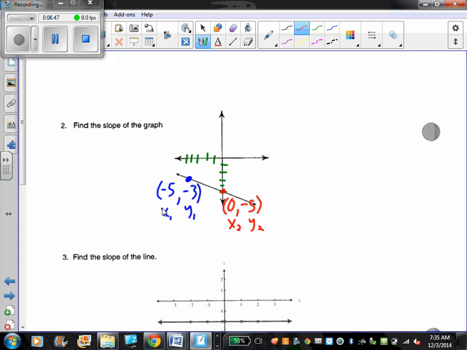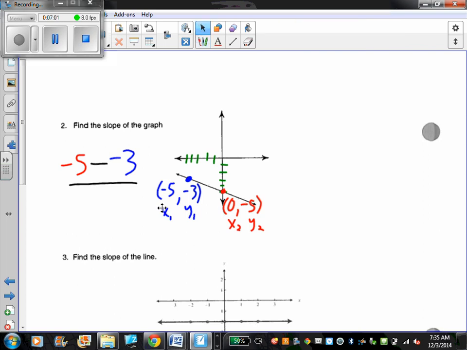So we'll have -5 minus -3, and then we have to divide that by 0, which is x2, minus x1, which is -5.